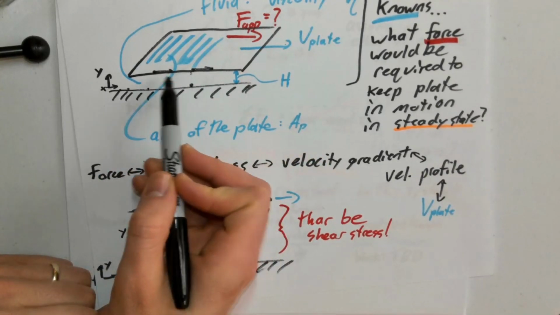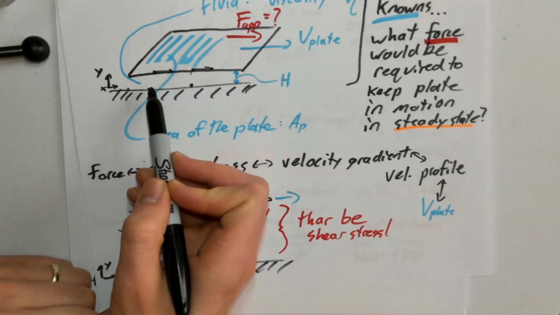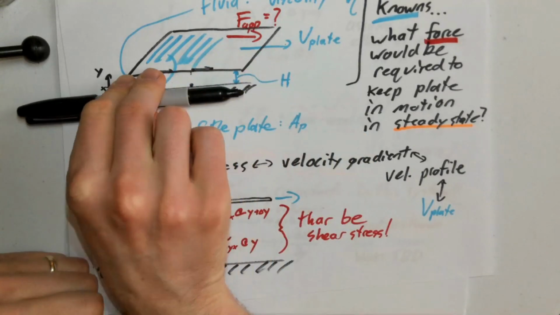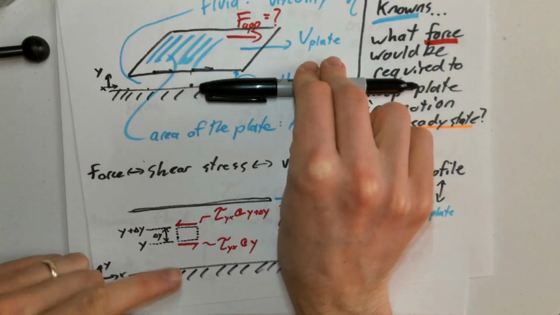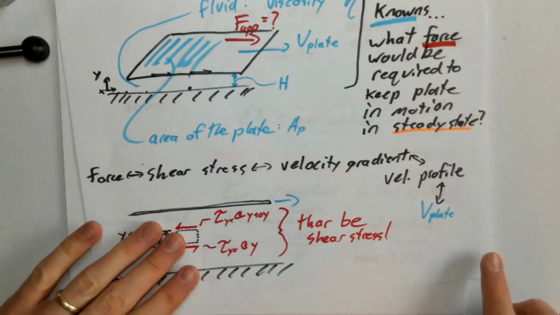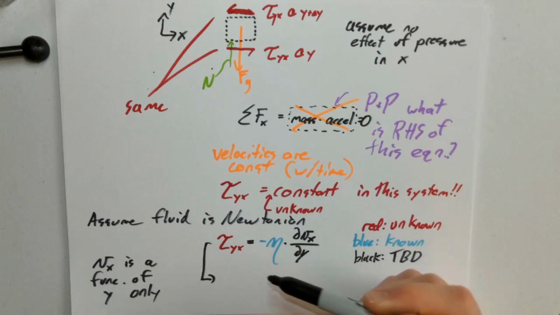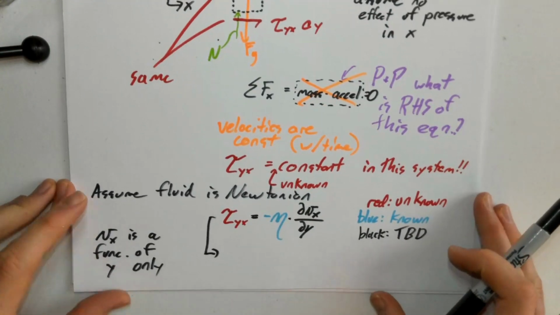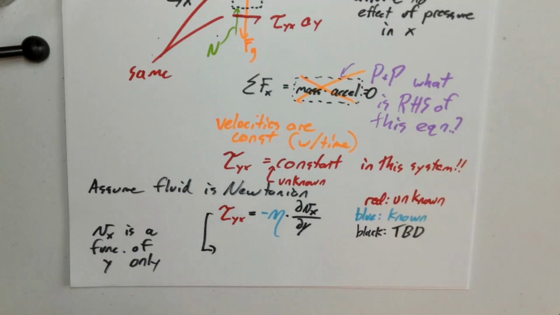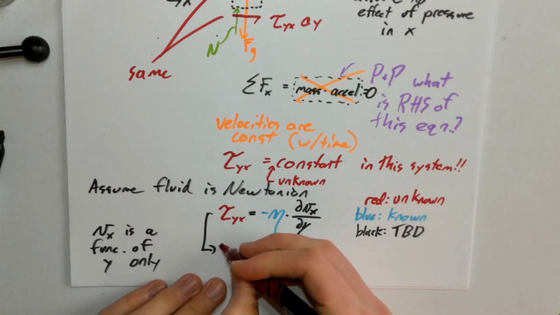So velocity is not going to be a function of x, but it is going to be a function of y. We'll talk about the mathematics more rigorously later in this class, but we can basically replace the partial derivatives with ordinary derivatives.